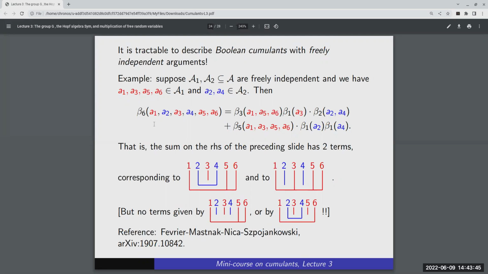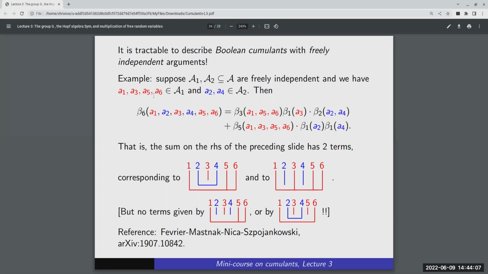And it is definitely not as good as the result of Speicher about vanishing of free cumulants, but you can say exactly how a Boolean cumulant, which has entries from two free algebras, can be written as a sum of products where you separate the variables from the two algebras.